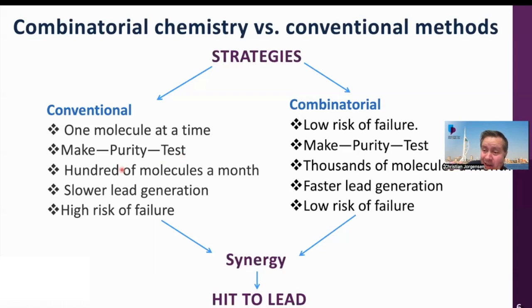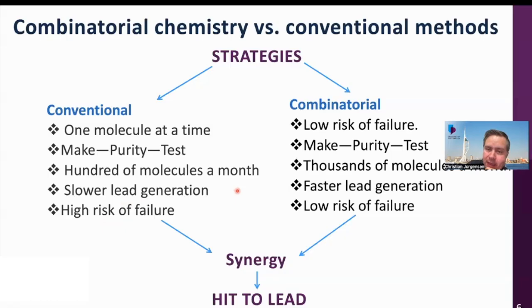At best, in a large company, you can do 100 molecules a month, and this therefore means slow lead generation. And a lead compound is the most interesting compound in your database. This conventional method carries a high risk of failure.